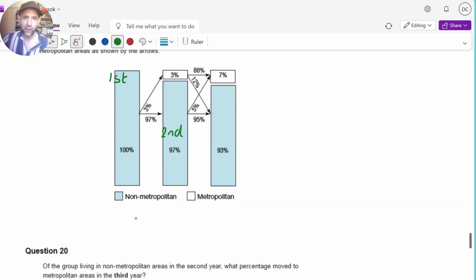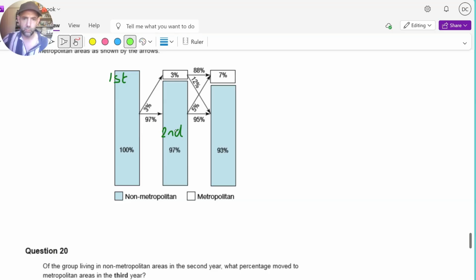Okay, so if they're going from non-metropolitan to metropolitan, they should be moving from the light blue part of our bar to the white. This is a composite bar chart. So just going to highlight what arrow we should be following.